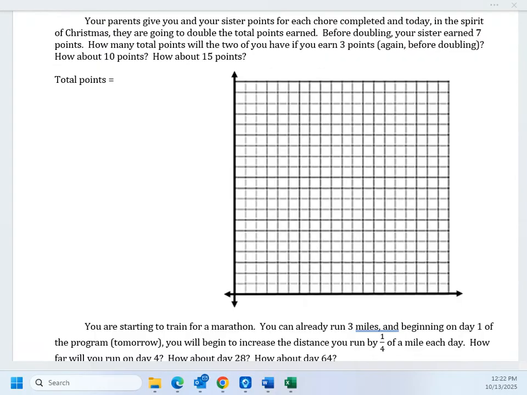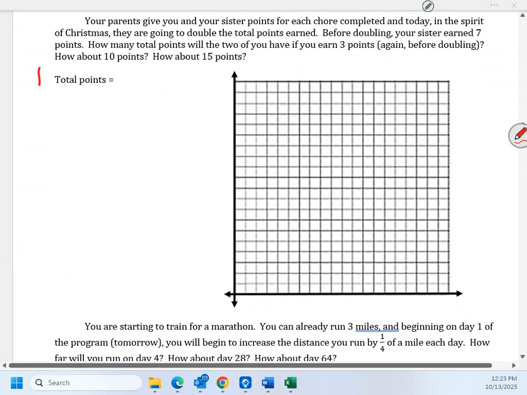First thing we want to decide is what's our variable that's going to be changing? What are we changing each time? Well, points. So I know my variable is going to be the points. Okay, that's changing. So I know in my expression I'm going to have a p because my points change every time.